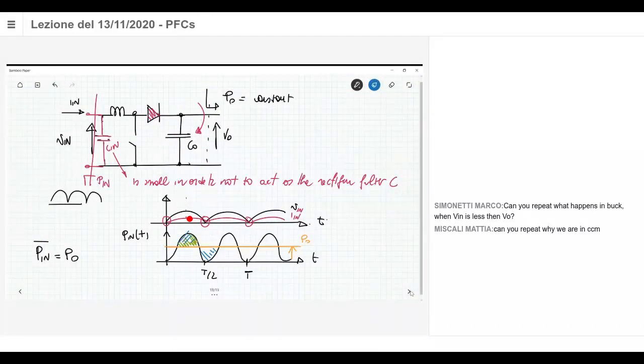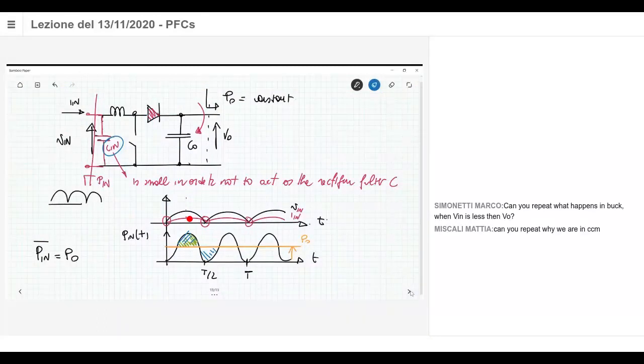So, which are the elements that inside the boost can act as a storage element? If you look at the circuit, the inductance is very small, as I said before, because you don't want to have an excessive loading effect on the rectifier. You want to put a filtering action at the output of the rectifier to avoid distortion of the current.